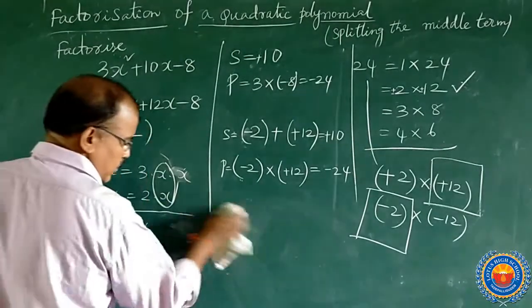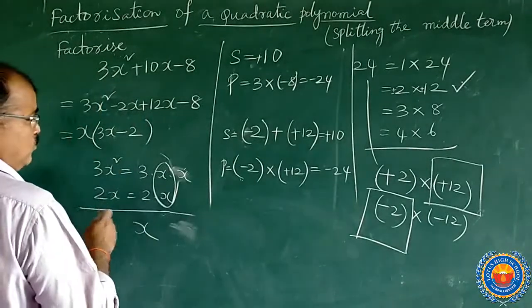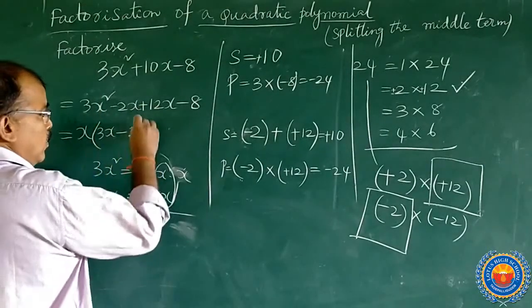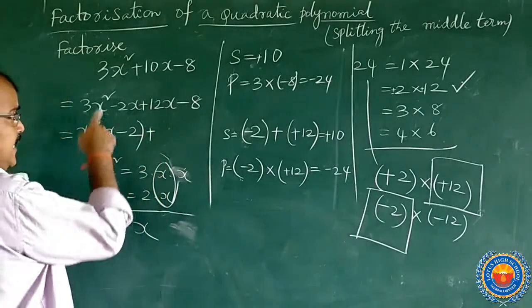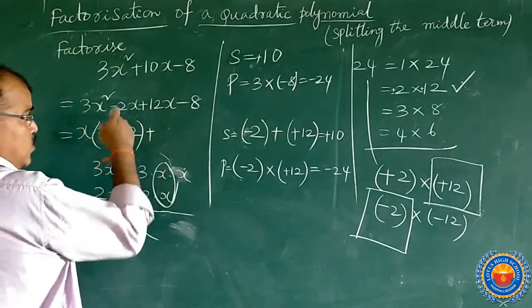So this is 2. Now plus x into 3x, 3x square minus 2 into x minus 2x.